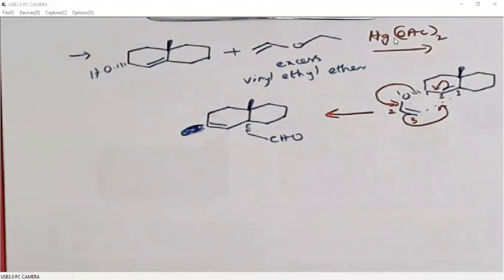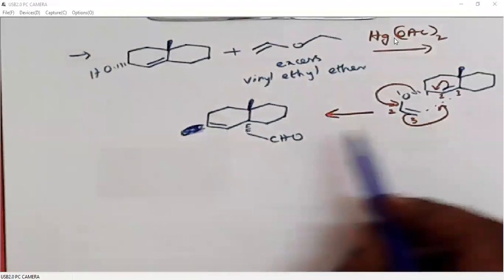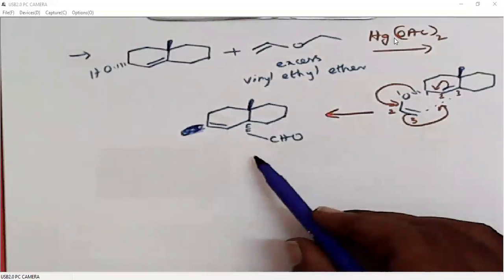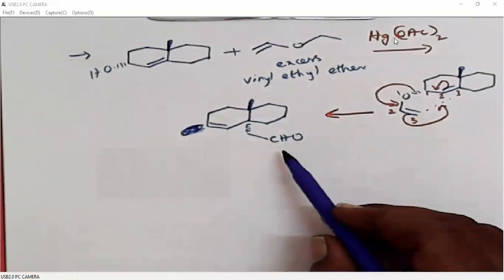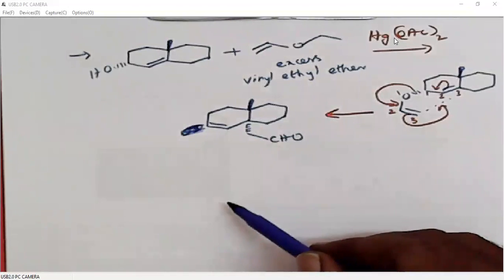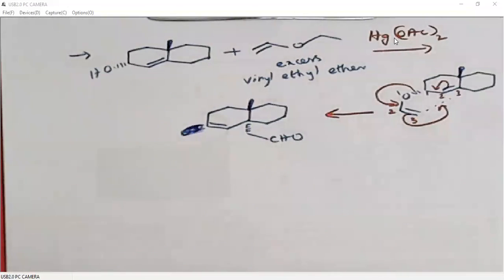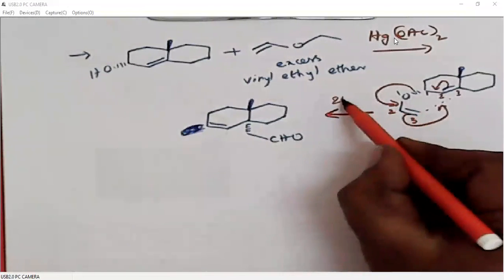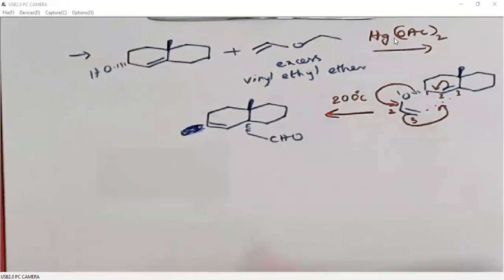This is the product. This is a very good intermediate for the synthesis of many natural products. This conversion is occurring at 200 degrees centigrade.